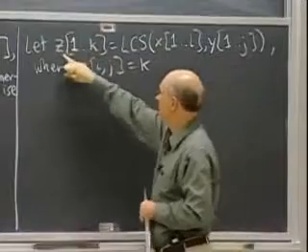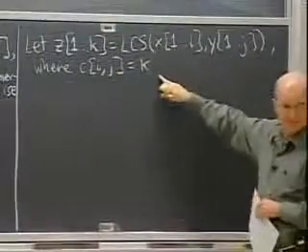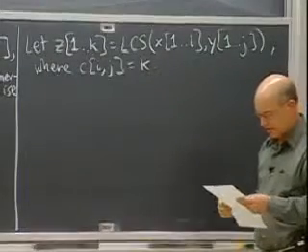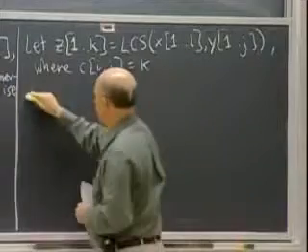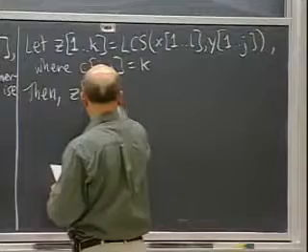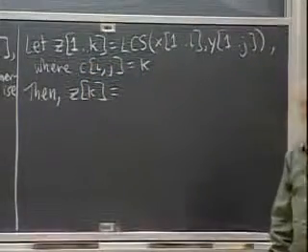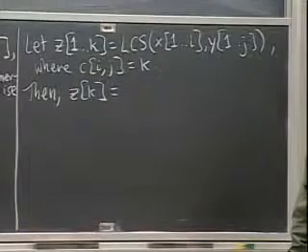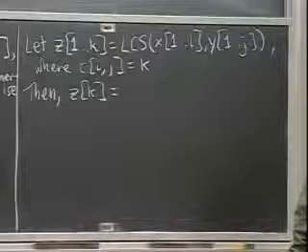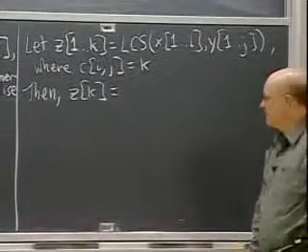And let's say that we have some sequence which realizes that, we'll call it z. Then, can somebody tell me what z of k is?